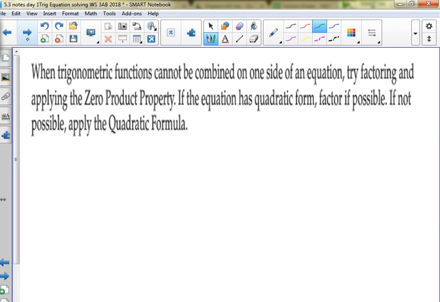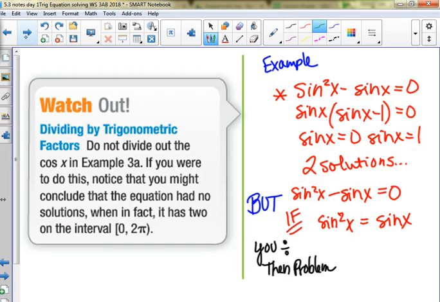All right. Then this tells us we should maybe factor things. Oh, I have this example up here, guys. If it says sine squared x minus sine x equals 0, what we're going to do is factor out a sine, set each one equal to 0, and then say where is the sine 0 and where's the sine 1, and there's going to be some solutions.